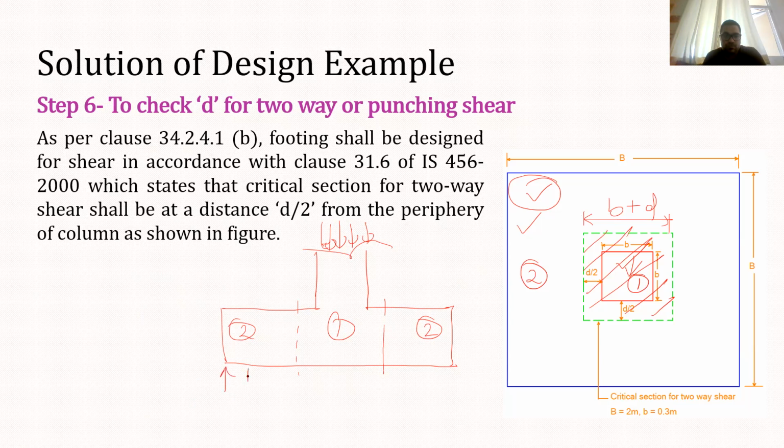Now this will be the net upward pressure coming from the soil, which is P. So now if we select area 1, you can see in area 1, we will have net upward pressure and also downward force. So here we will have two forces to calculate. But if we consider area 2, here we will have only one force, and which will be net upward pressure.